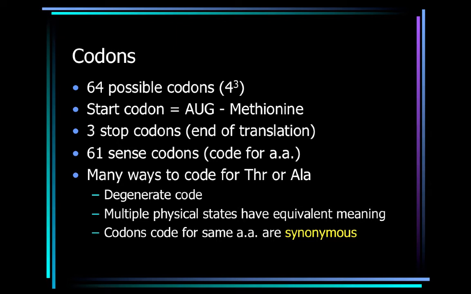The start codon for every single gene is always methionine, which is AUG. And there are 3 termination sequences or stop codons, and we'll look at those more in depth. So 64 minus methionine minus the additional 3 gives us 61 sense codons that can be used in different combinations to make up proteins or strings of protein.